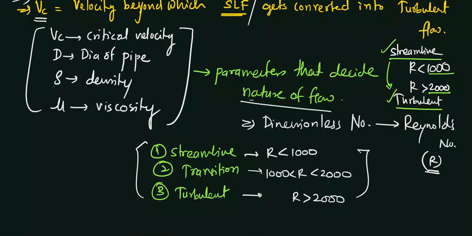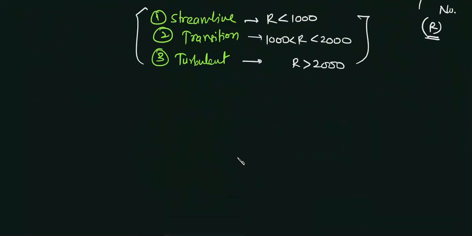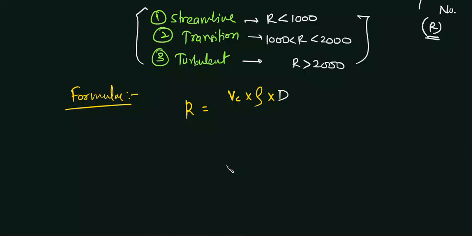So how is this Reynolds number given? The formula for the Reynolds number is Vc, that is critical velocity, into rho, that is density, into d, that is diameter, or you can write capital D if you want, divided by mu.